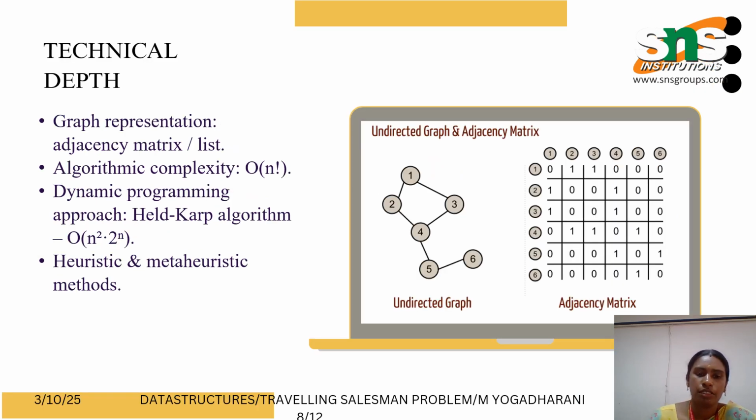And then the technical depth is graph representation. While using the traveling salesman problem, we have to follow the adjacency matrix. See here there are six vertices. From vertex 1 I have two outgoing edges, two out degree, to vertices 2 and 3.